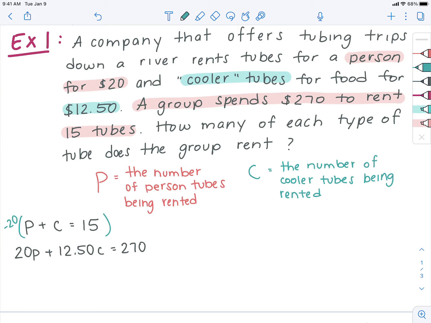So if I multiply that top equation by negative 20, I end up with negative 20p minus 20c equals negative 20 times 15 gives me negative 300.